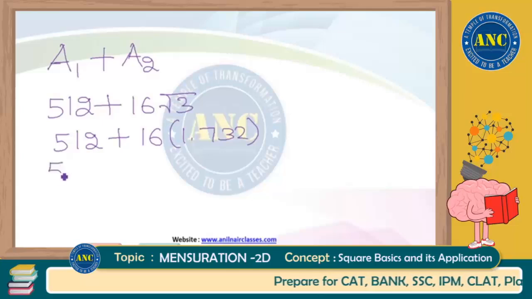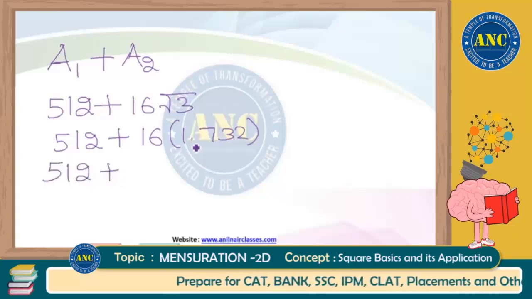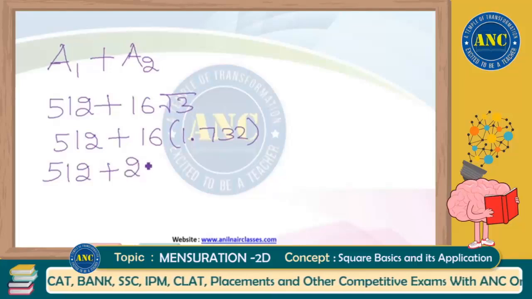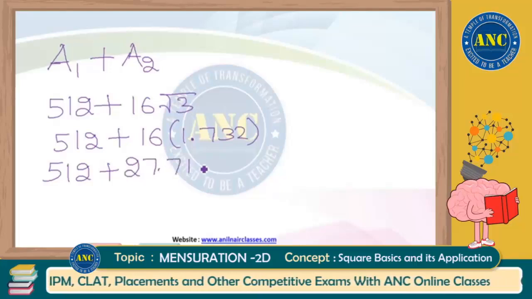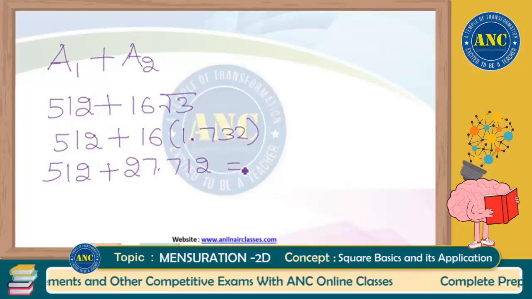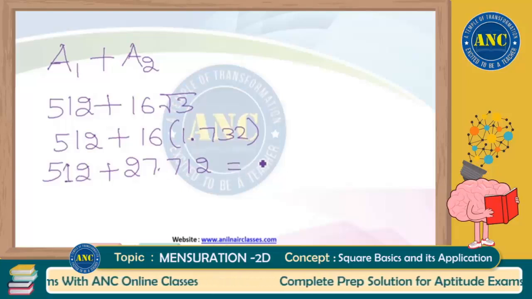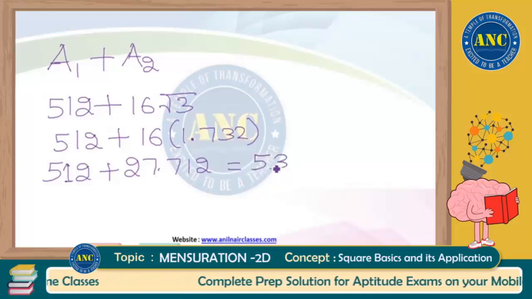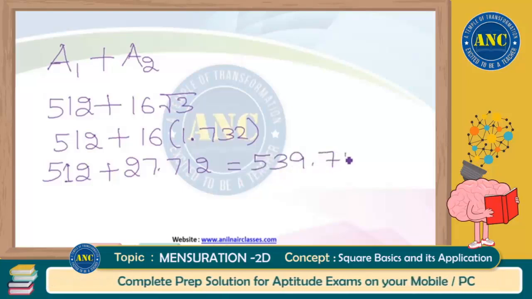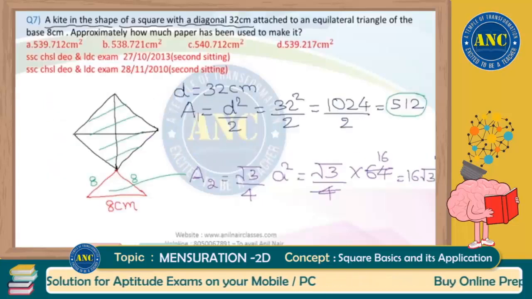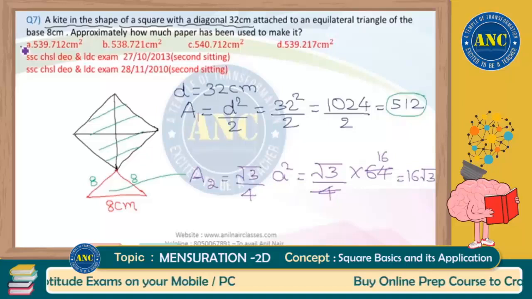Approximately you will get it as 27.712. That means 512 plus 27. Approximately your answer is 539.712 centimeters square. That means the answer for this question is option A.